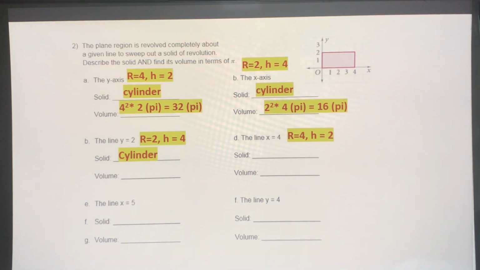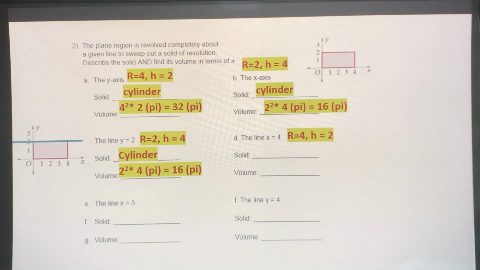And so we're going to have a cylinder. But now when we rotate it up, what is the radius? Well, the radius will be perpendicular to that side. So the radius will be 2 and the height will be 4 this way. And so if we look over here, just to redraw it on the left side, this is our axis of rotation. Okay, and we plug in our values and we get a value of 16 pi for volume.